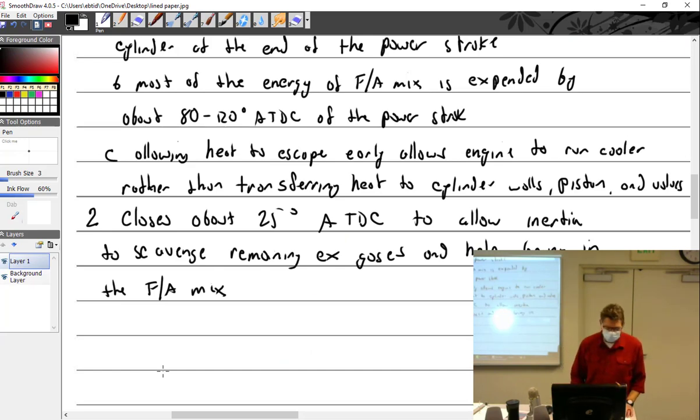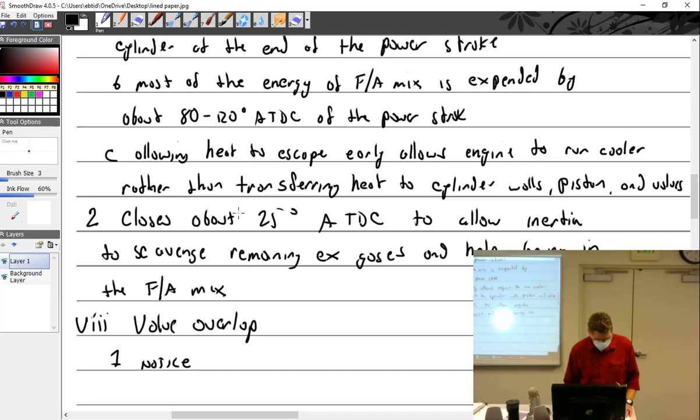So, all right, let's talk about valve overlap. We'll finish some of this off here. Valve overlap. Notice that I'm being wordy. Notice the intake valve is open 50 degrees before top dead center on the exhaust stroke, and exhaust is open about 25 degrees.